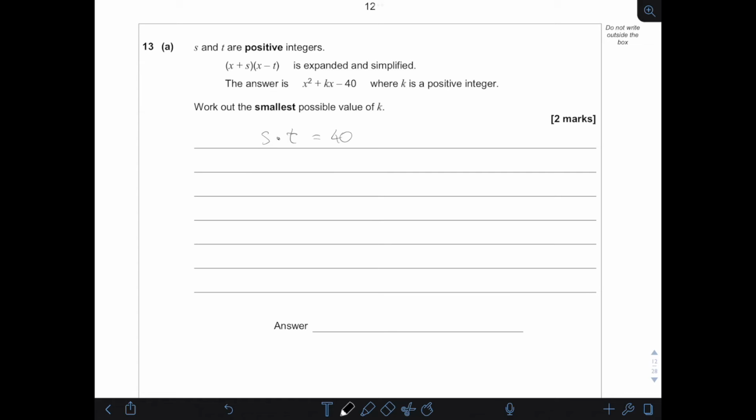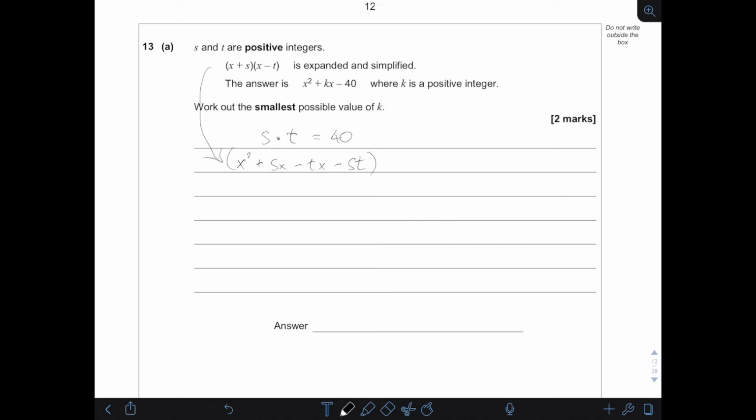What we, well, essentially it's easier to just expand the bracket and show x squared plus sx minus tx minus st. That's the expanded version of the brackets.